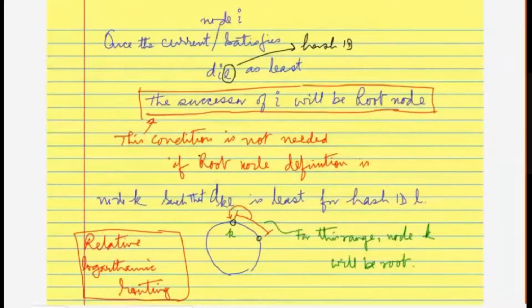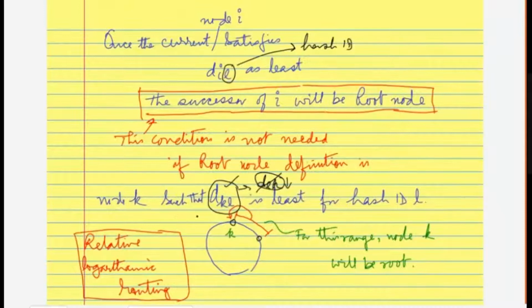Now we can actually avoid this specific condition if we choose the root node definition slightly differently. We can choose the root node, a node k, such that D(K, L) is minimized. Remember earlier, when the root node was being defined, it was D(L, K). We were choosing k such that D(L, K) gets minimized, but now we are doing this one.